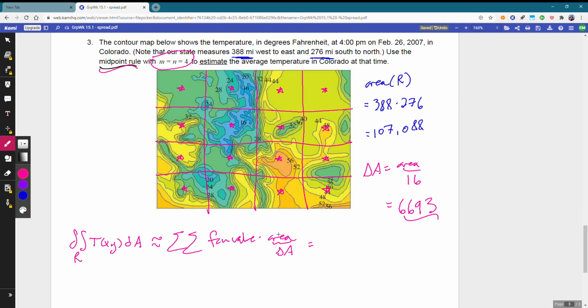And as we did before, that's going to be a common factor in each part, so we'll just pull that out and work through this. We're just going to add up our function values. I'm going to say this is maybe a little bit bigger than 28, so 29, plus maybe a little bit less than 24, let's say 23, plus maybe a little bit bigger than 44, I think less than 44, I want to say 43. 43 plus 43.